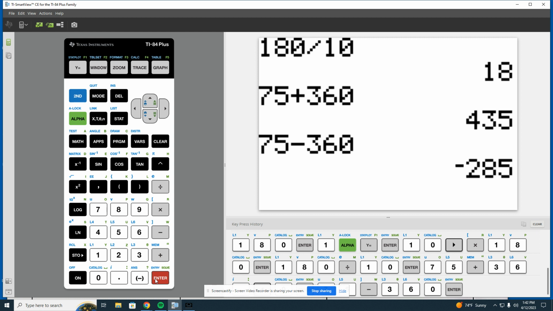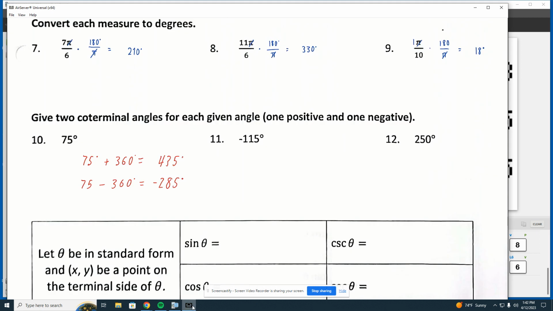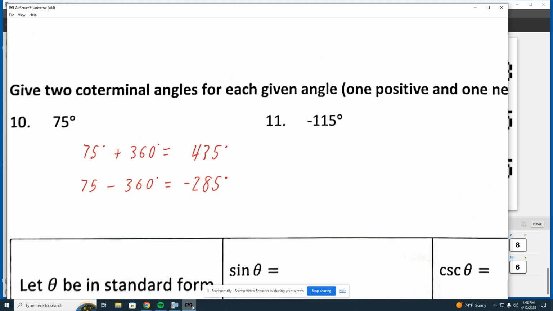I would just have to keep adding or keep subtracting 360 degrees. Okay, that's the deal. 75 and 435 and negative 285, all in the same location. If I graphed them, all of them would be in the same location. So that's what we're talking about when we deal with coterminal angles.